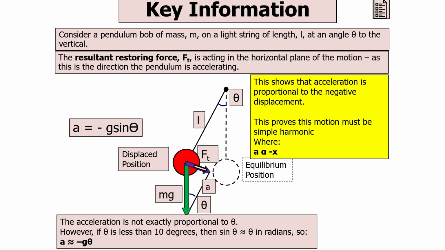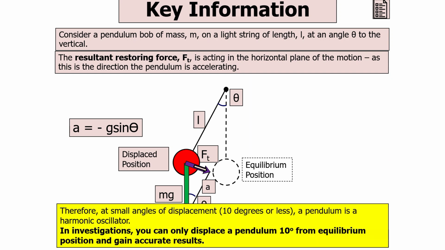Now also, this proves that motion must be simple harmonic motion, where a is proportional to minus displacement. Now we know that at small angles of displacement, 10 degrees or less, a pendulum is a simple harmonic oscillator. So in investigations, you can only displace a pendulum 10 degrees from equilibrium position and then gain accurate results.